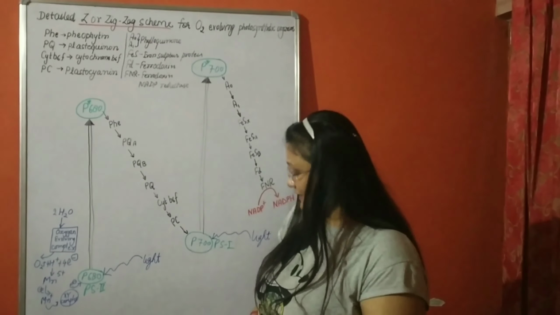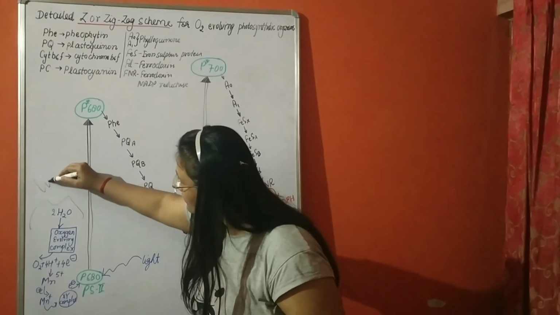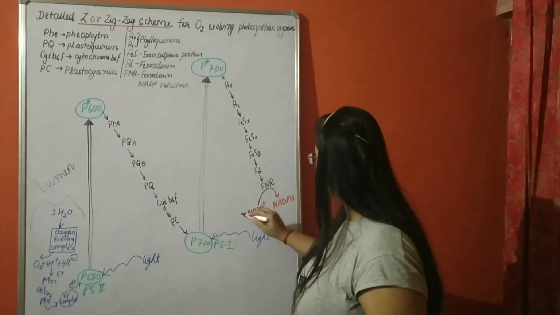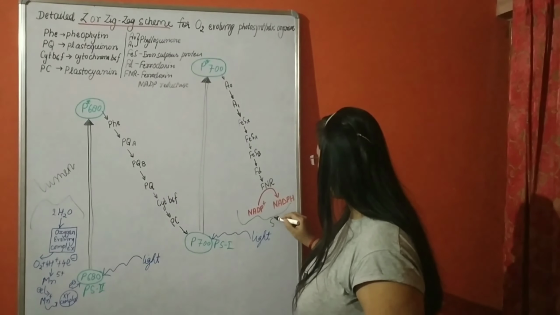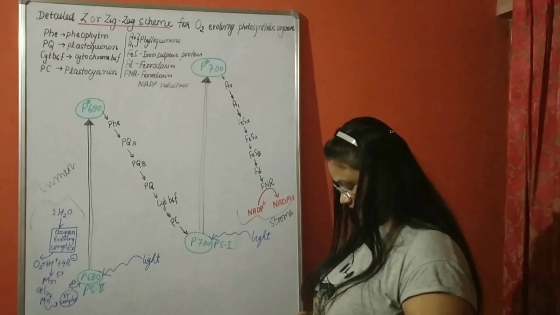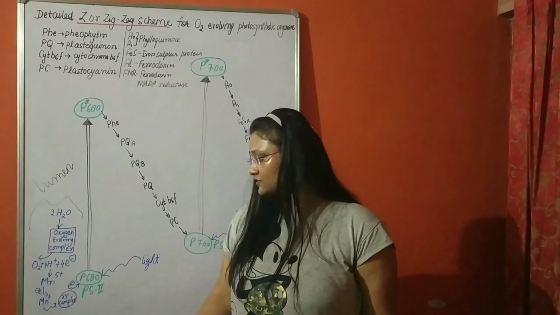All these things occur in the lumen of the thylakoid, and this process occurs in the stroma side of the thylakoid. So we get 4 electrons over here.